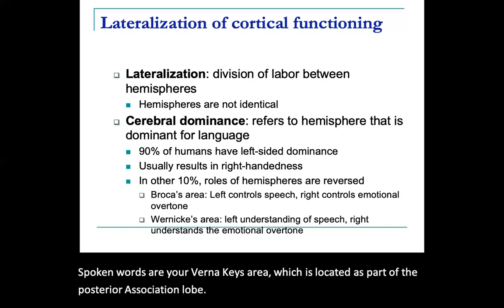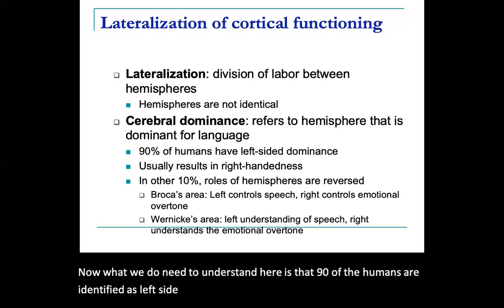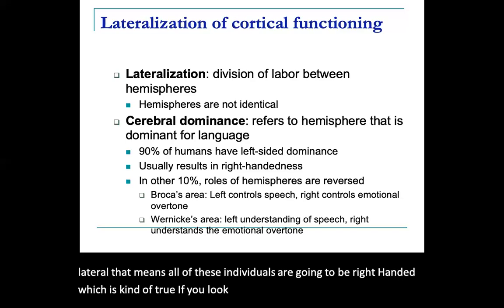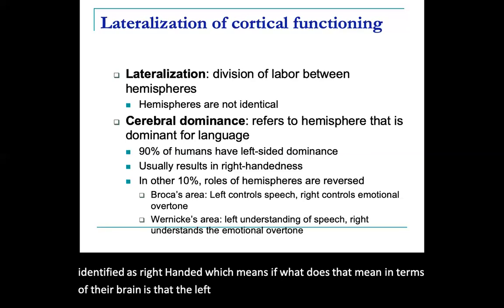Now, what we do need to understand here is that 90% of humans are identified as left side dominant. Now, because of the concept of contralateral, all of these individuals are going to be right-handed, which is kind of true. If you look around, most of the population are identified as right-handed, which means that in terms of their brain, the left hemisphere is responsible for understanding language.